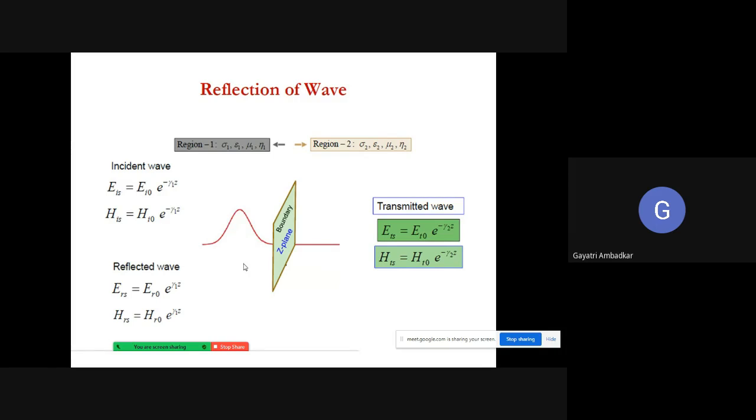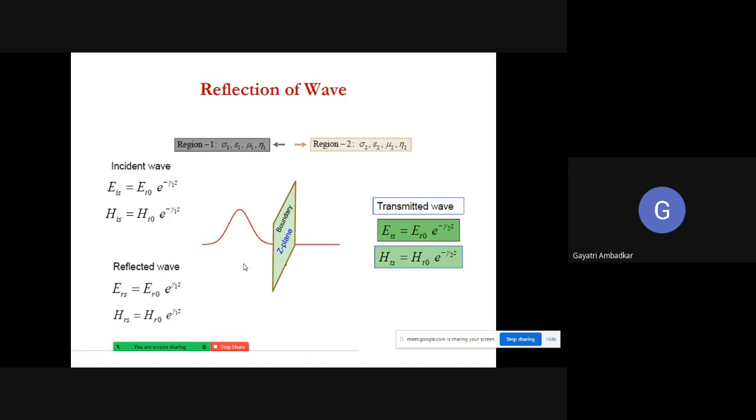That means it is changing from one medium to another. It may be changing from dielectric to conductor, or dielectric to dielectric with different parameters like the values of epsilon, mu, or conductor to conductor, right? So there may be non-homogeneous media.